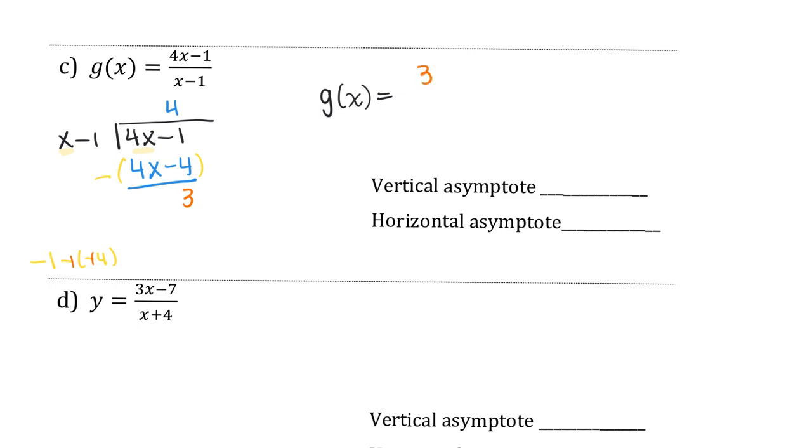So the remainder is 3 over x minus 1, and when I divided, I got positive 4. If these two terms are swapped, it doesn't make a difference to me as long as you know how to find the vertical asymptote. Vertical, x equals 1. The graph moves up 4, y equals 4.